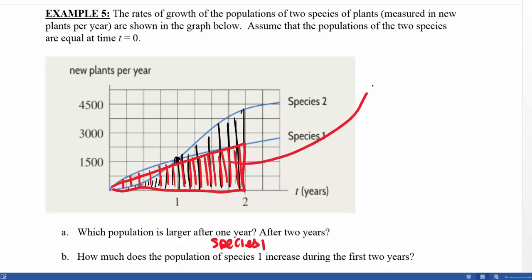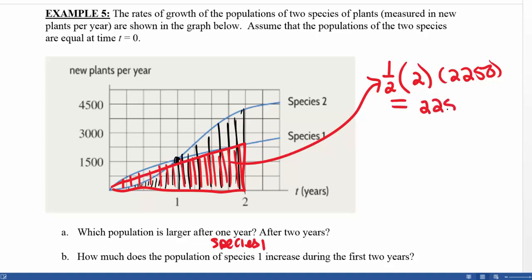So that area is 1/2 base times height. My base is 2 years long. And now my height, I'm going to say that's roughly 2250. So that's halfway between 1500 and 3000. It's right about there. So when we crunch that number, we're going to get approximately 2250.